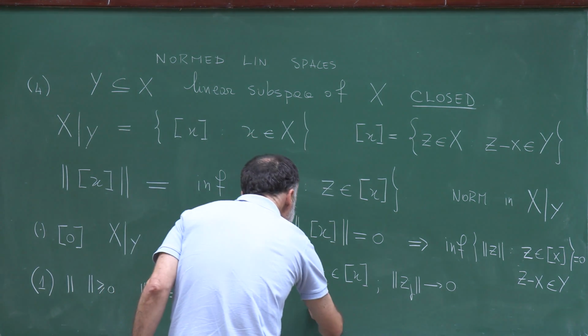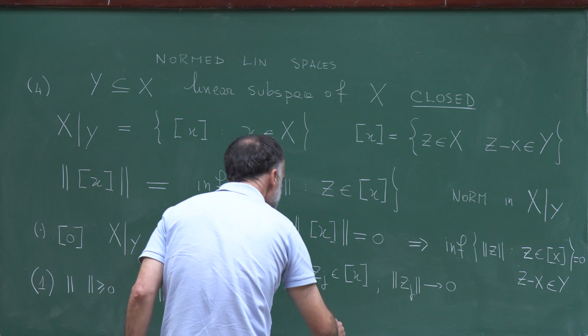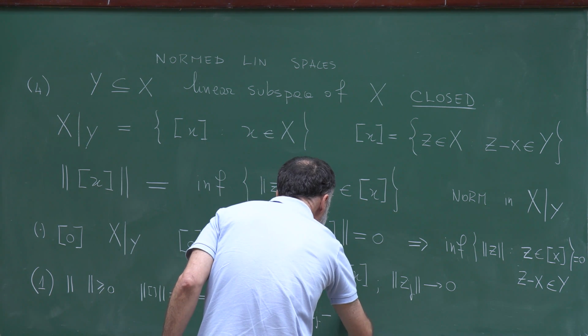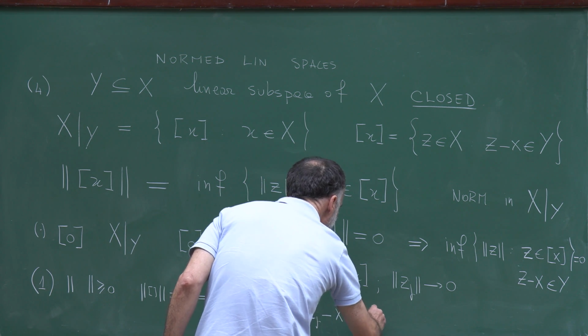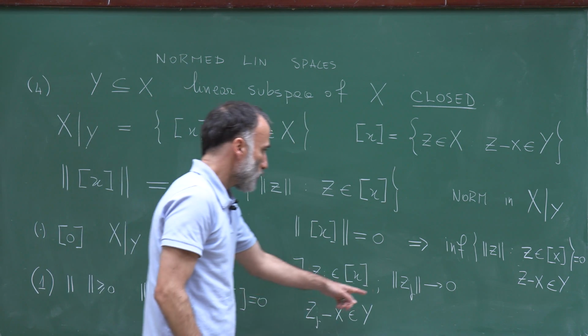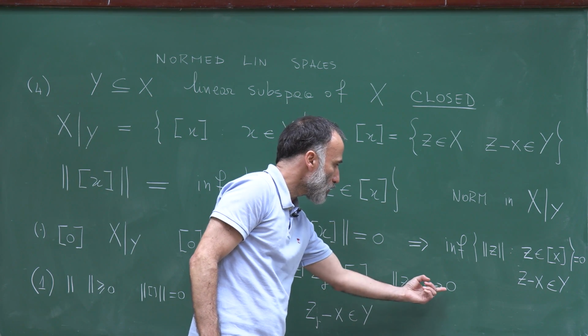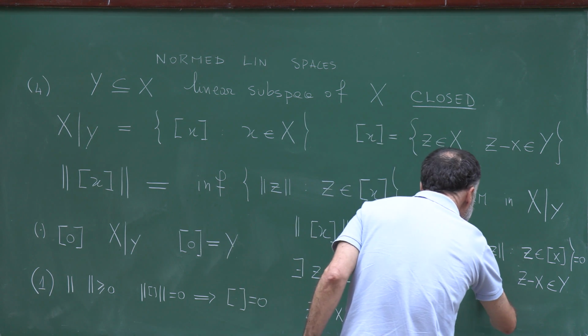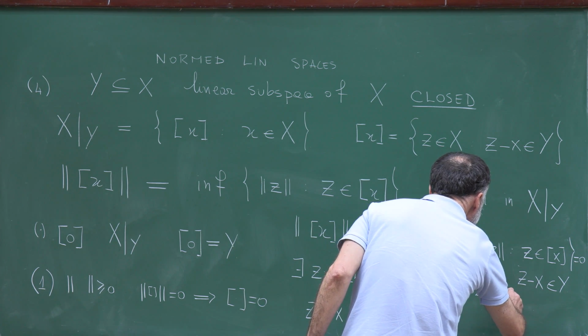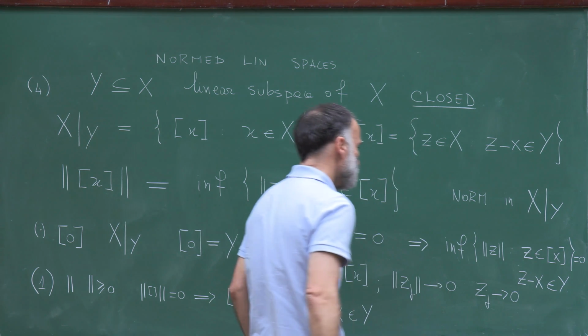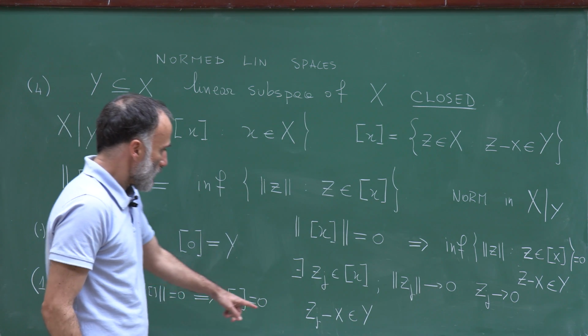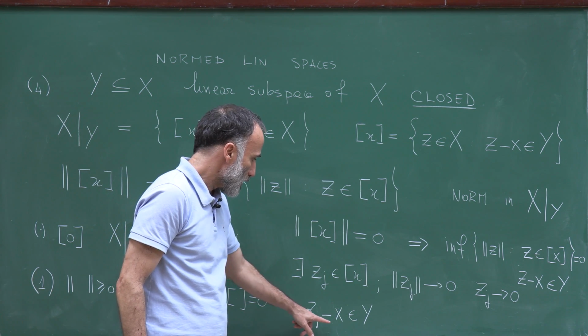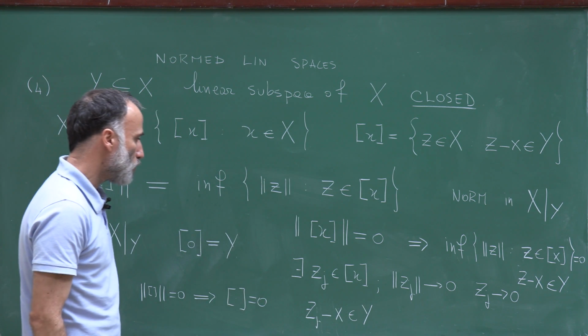Now, zj minus x is an element of Y. So the norm of zj converging to 0 means that zj is converging to 0. Now, zj minus x belongs to Y.